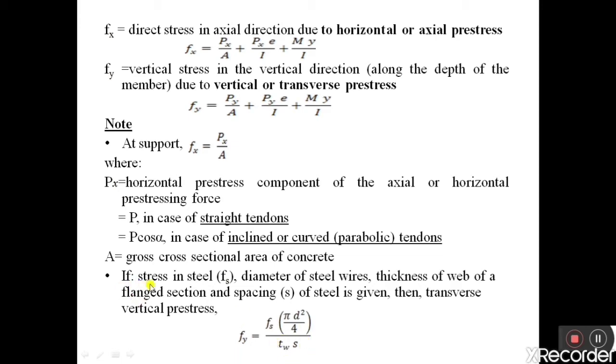The stress in the steel, f s, the diameter of the steel wires, the thickness of the web of a flanged section, and the spacing of the steel are given. Then the transverse vertical prestress can be calculated using the equation f of y is equal to f of s into pi d square by 4 divided by t w into s. In the question they have given the stress in the wire, the diameter of a steel wire, the thickness of the web, and the spacing of the wires. Therefore we can use this equation to calculate the value of f of y.